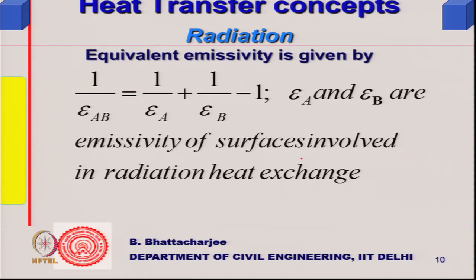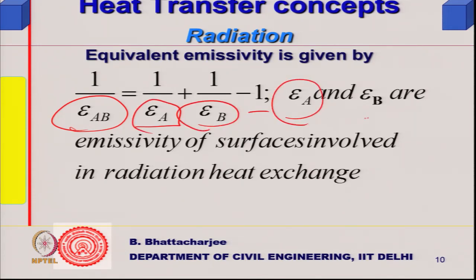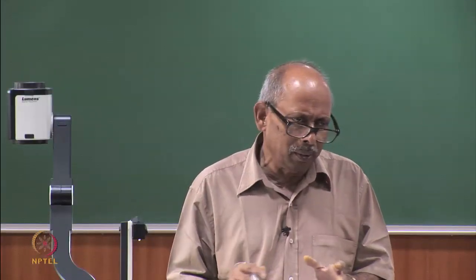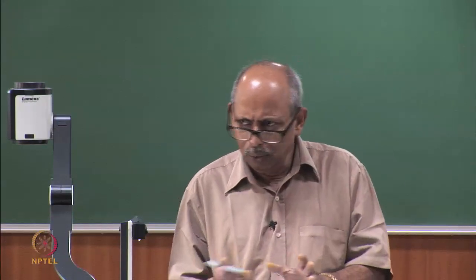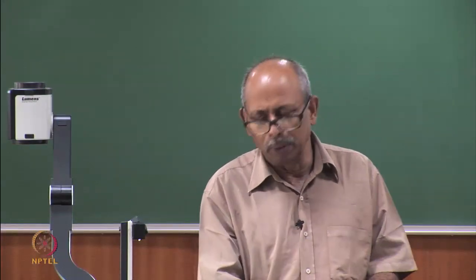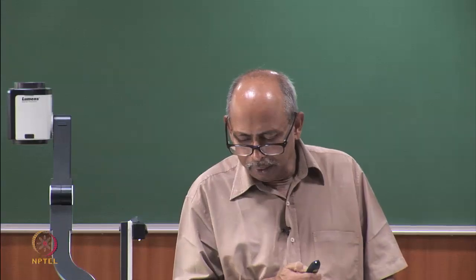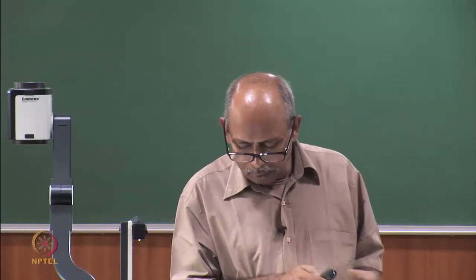Emissivity of a surface involved in radiation heat exchange. The two surfaces will have different emissivities, and the equivalent emissivity epsilon AB is given by this formula, minus 1. So, epsilon A and epsilon B are emissivities of surfaces involved in radiation heat exchange. Again, we do not have to really calculate those, because we will simplify most of them, but this is the principle.